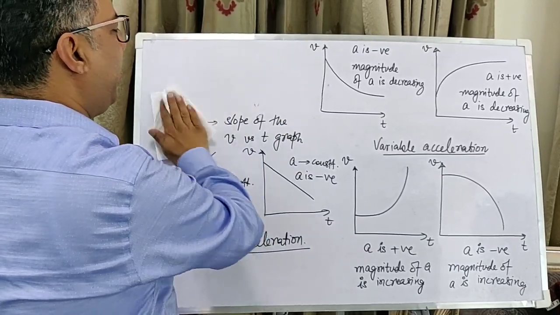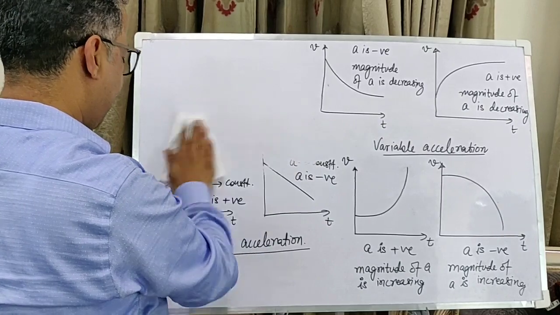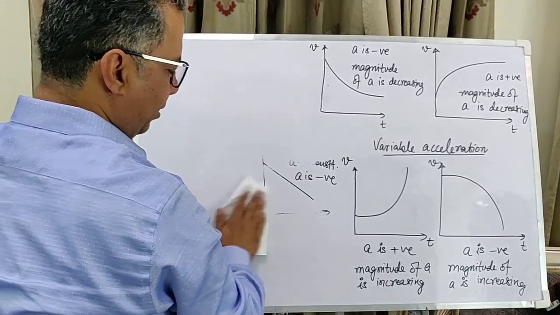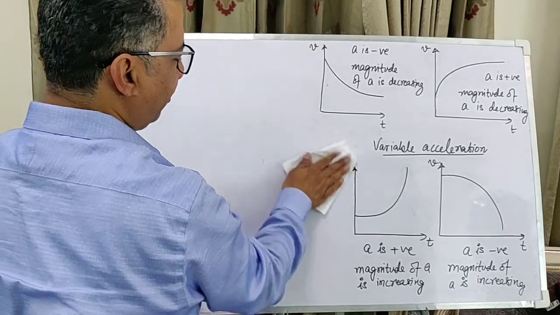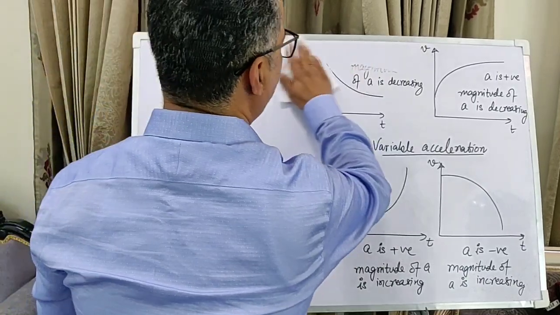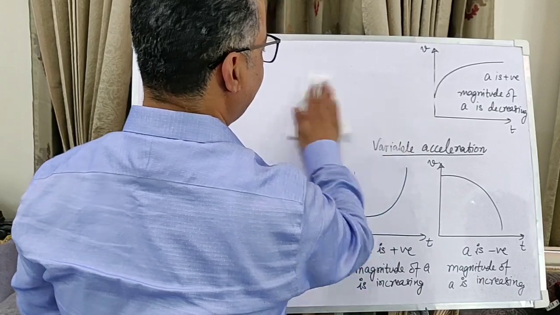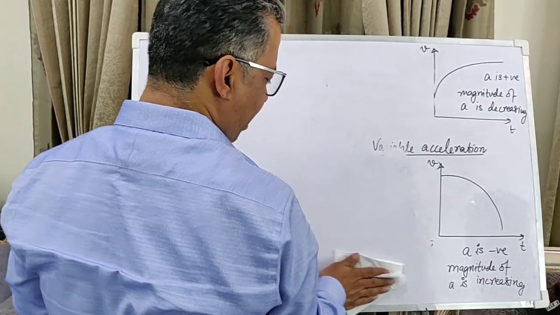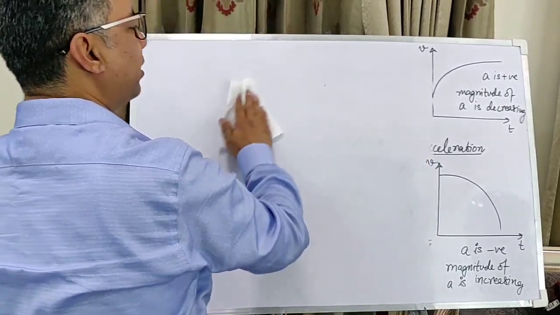We have already had a good look at the x-t, that is the position-time graphs. We know that the slope of the position-time graph equals velocity. Then we had a good look at velocity-time graphs.